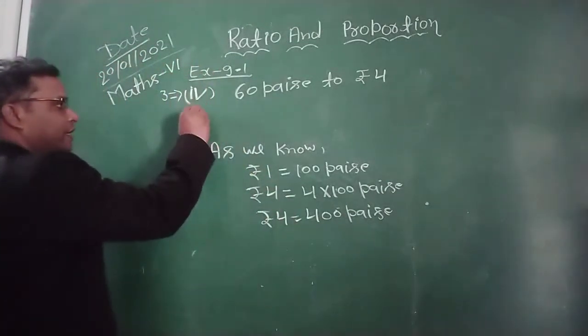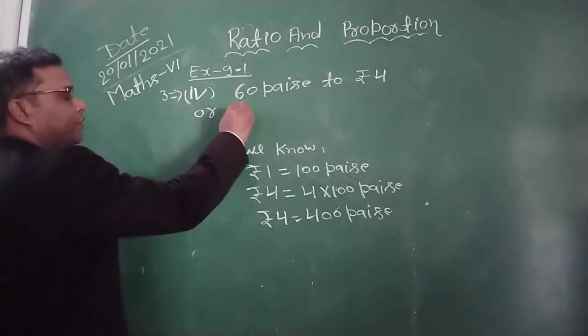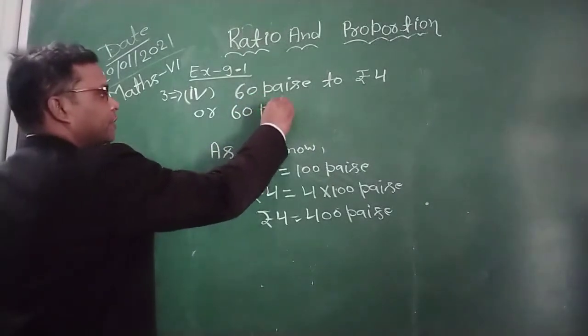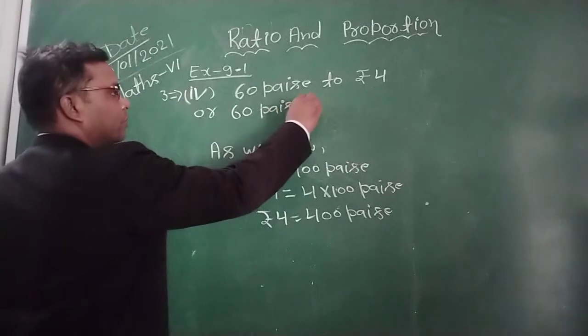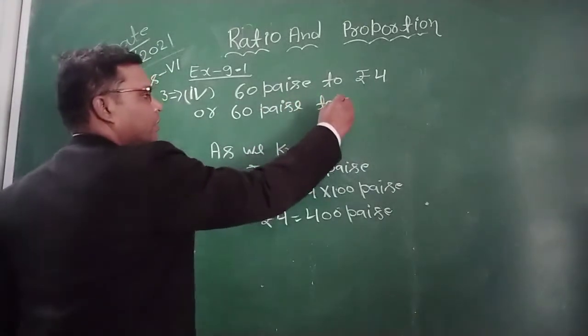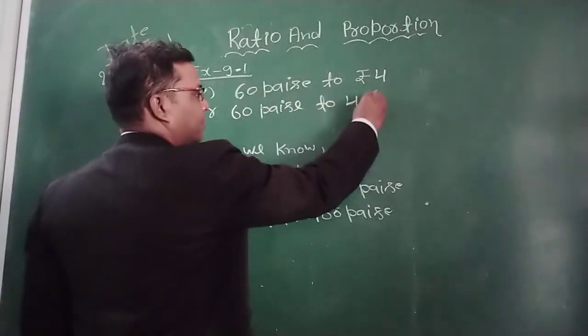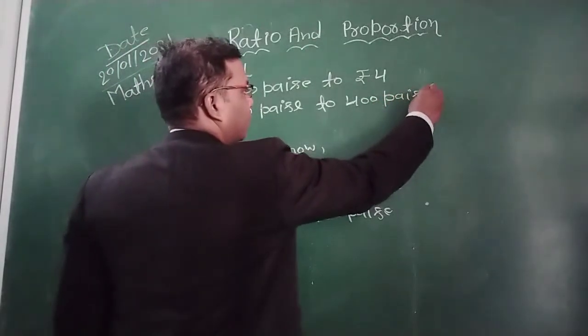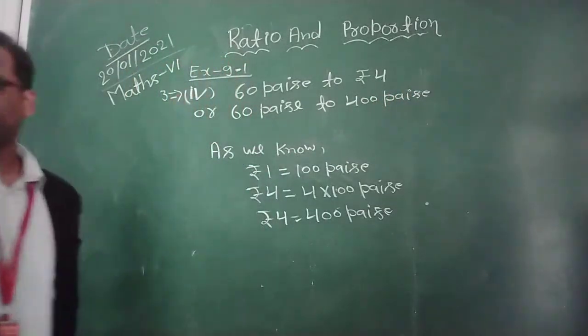So here we need to find the ratio of 60 paise to 400 paise. Okay. Now this is clear.